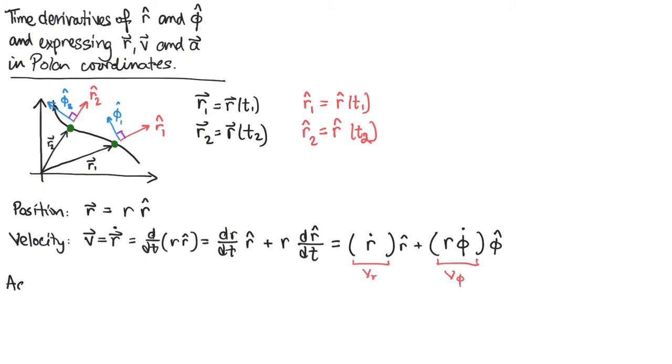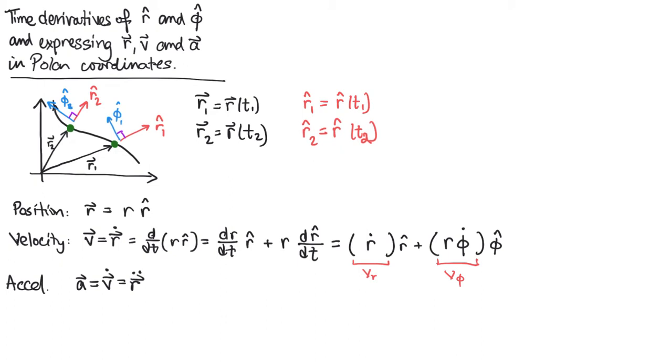The acceleration is going to be the velocity's time derivative, or the second derivative of position. And we're going to get now another product rule, and in this case we're going to get a triple product rule. We'll get three terms out of that time derivative.